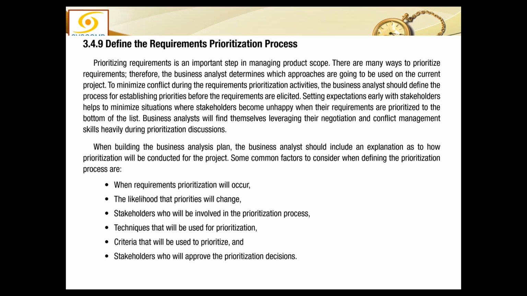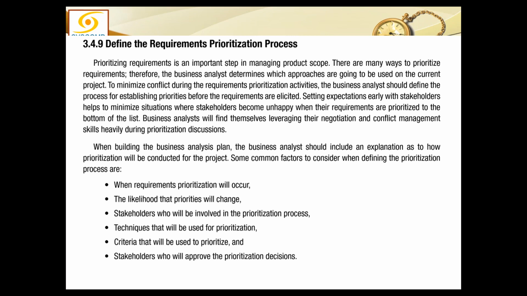When building the business analysis plan, the business analyst should include an explanation of how prioritization will be conducted for the project. Some common factors to consider when defining the prioritization process are, for example, when requirement prioritization will occur. Naturally, after all the requirements have been gathered.